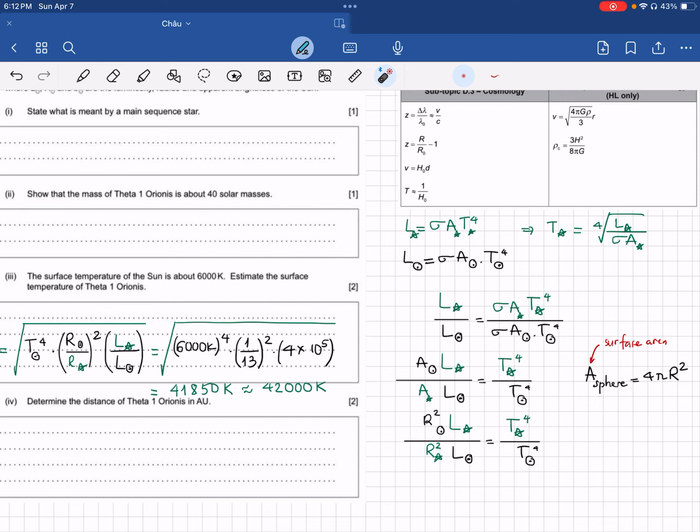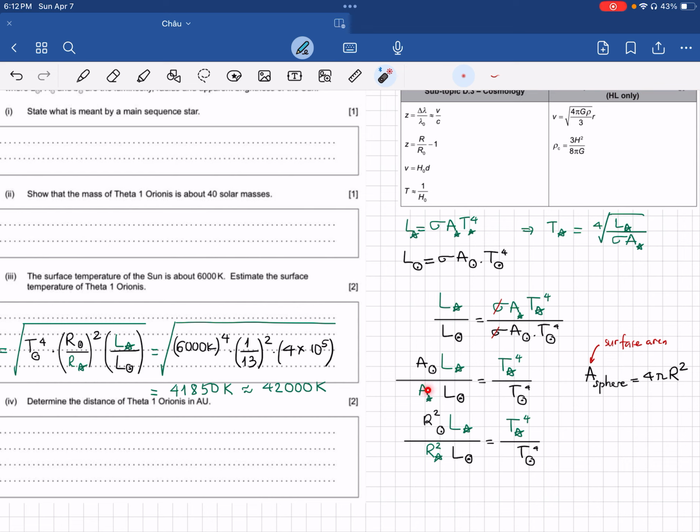Then we can see that the sigma, the constant, is the same, so we can cancel them. Because we want to solve for the temperature, I move this one to the other side, multiplying both sides so it cancels out. So this one should be above, and the area of the star should be below. Then we got this one.